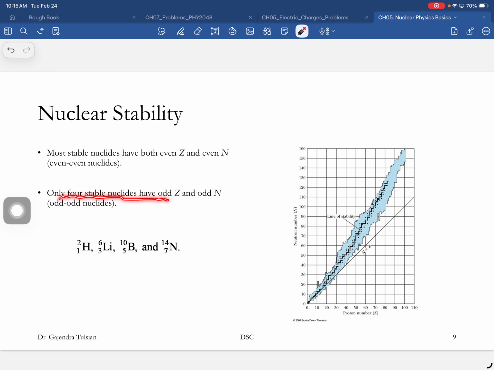Only 4 stable nuclides have odd Z and odd N. These are the odd nuclides: 1 proton and 1 neutron, 3 protons and 3 neutrons, 5 protons and 5 neutrons, and 7 protons and 7 neutrons. These guys are the only ones that are stable.